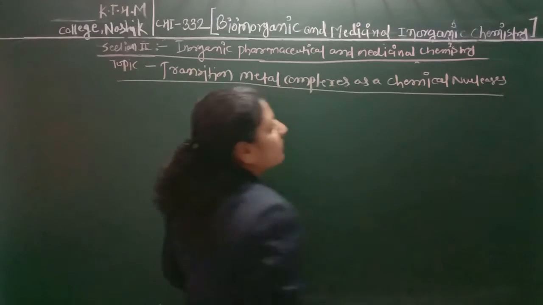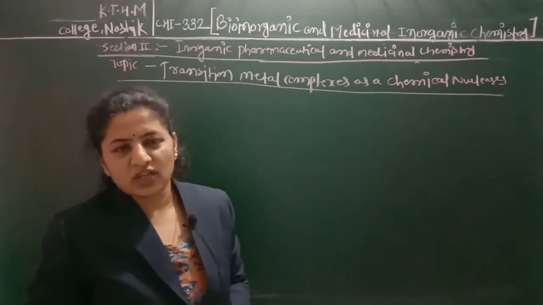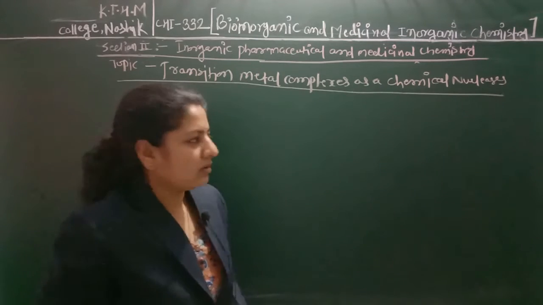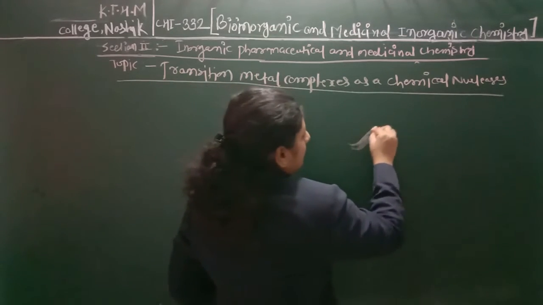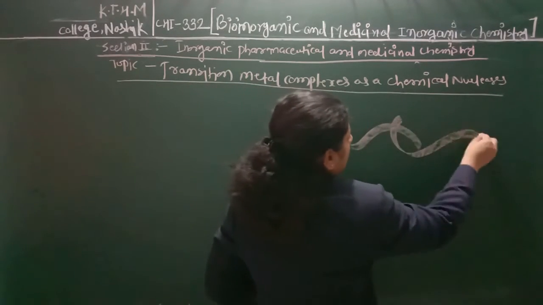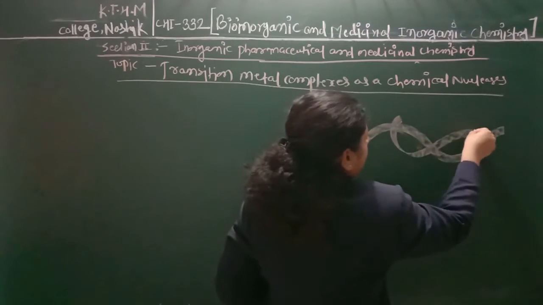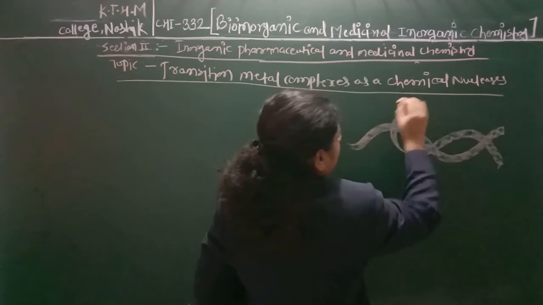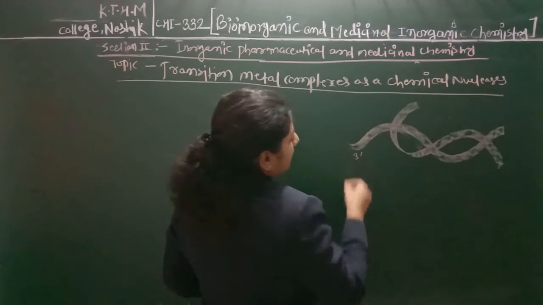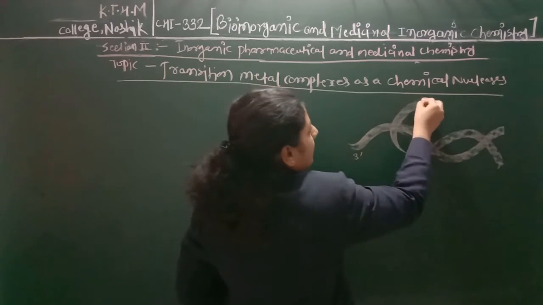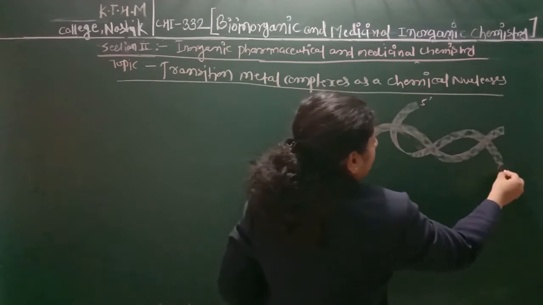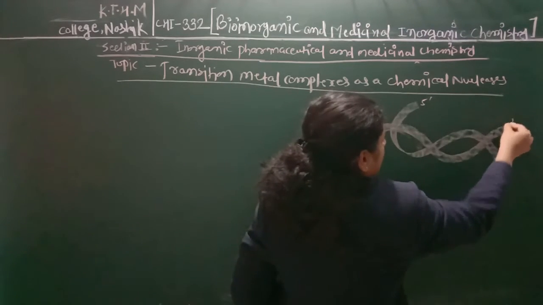As we know, nucleases are nothing but enzymes which can rupture the DNA bond. Suppose there is a DNA and RNA bond. As we know, this is a 3' end and that is a 5' end. Again, this is a 5' end and this is a 3' end.